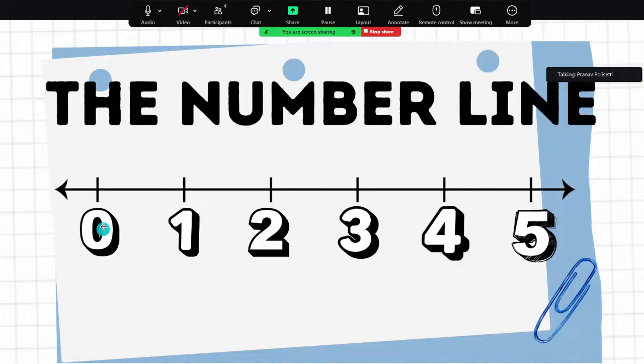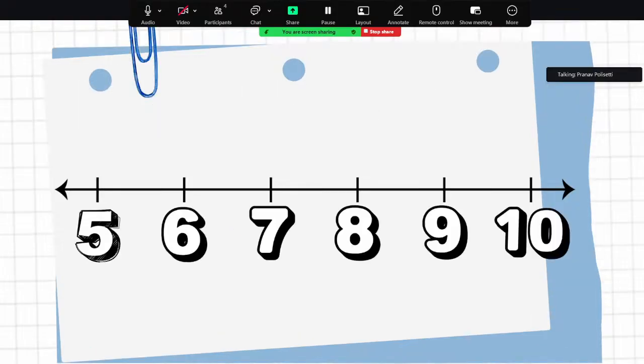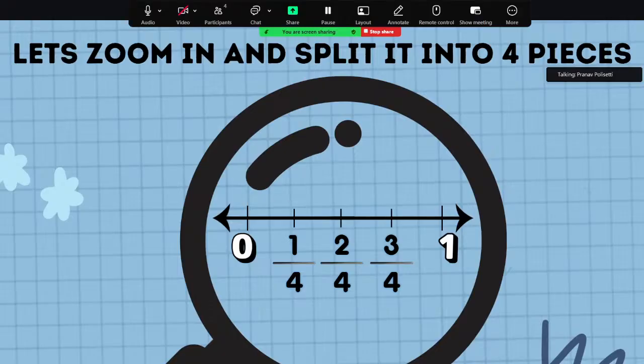We go from 0 of that stick to one whole stick. Now, if we want to split that into 4 parts, we have the beginning, which is 0, and then we have one whole stick at the very end. Now we want to split that stick into 4 different pieces. So there's one piece here, the second piece, the third piece, and the fourth piece.